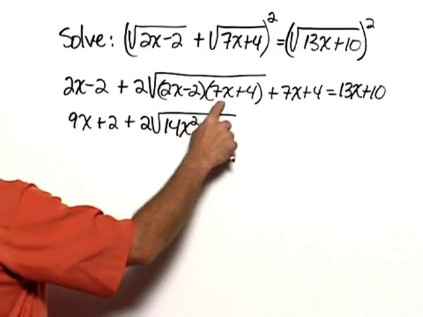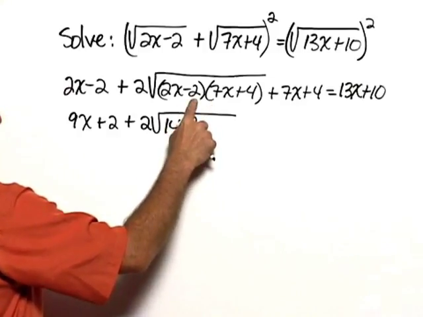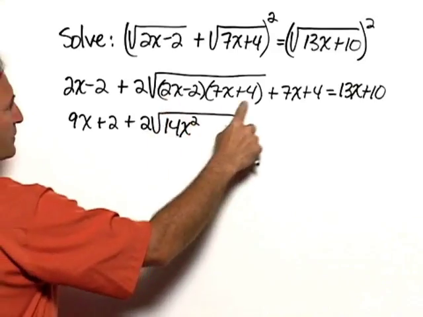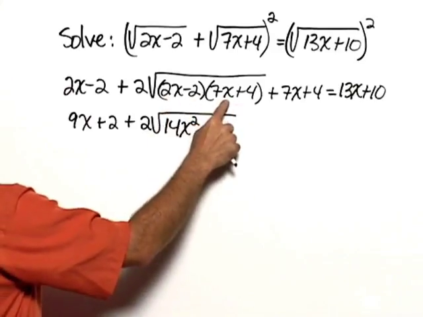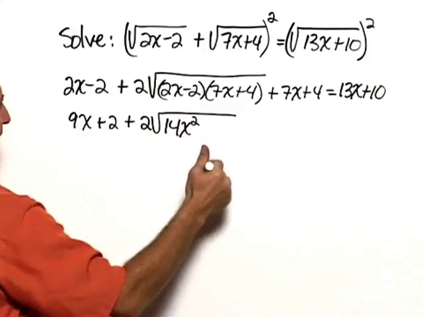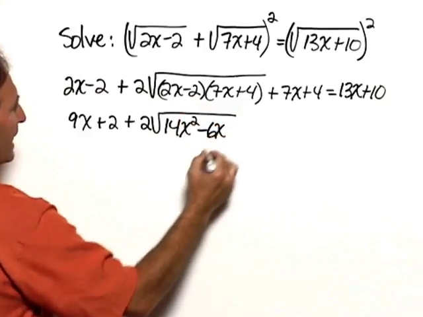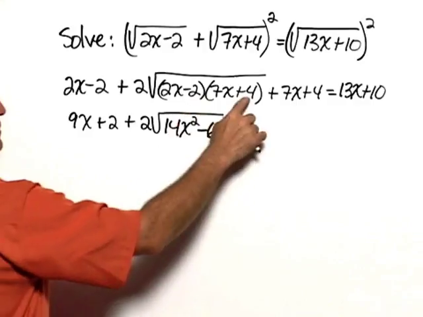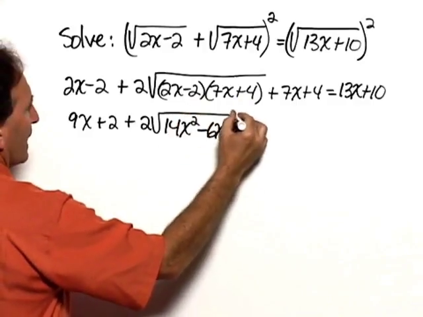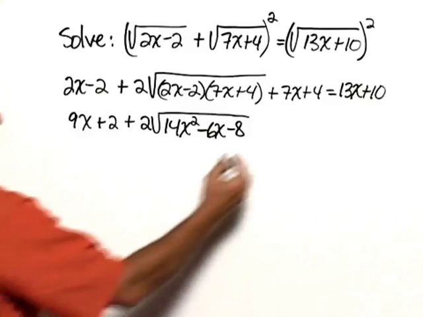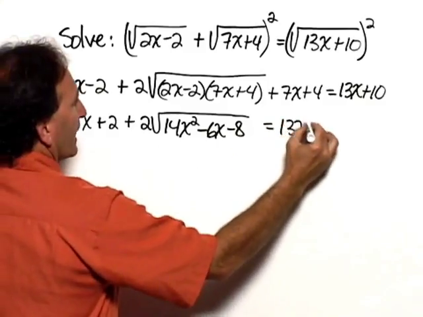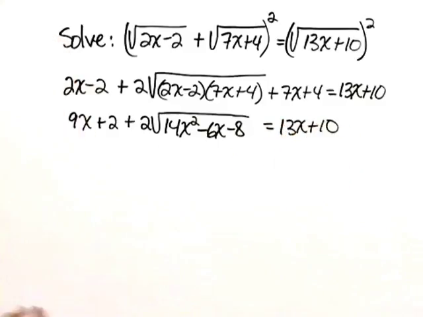The inner term is negative 14x. The outer term is positive 8x. So negative 14x plus 8x gives us negative 6x. And then negative 2 times 4 is minus 8. And that's all underneath the radical.